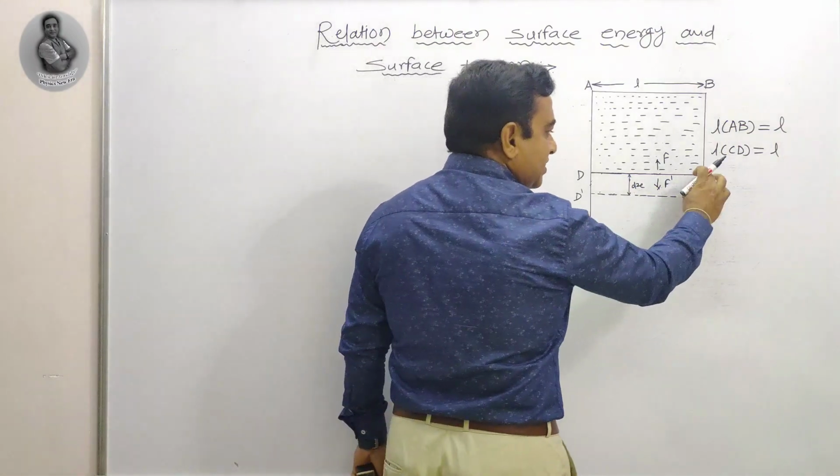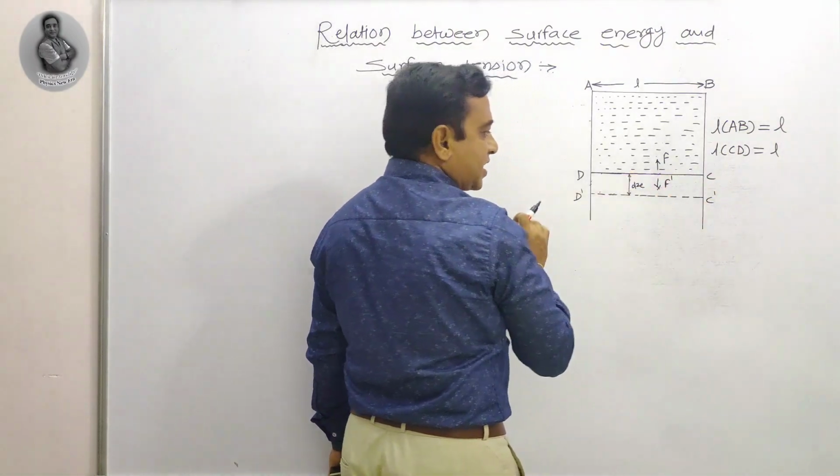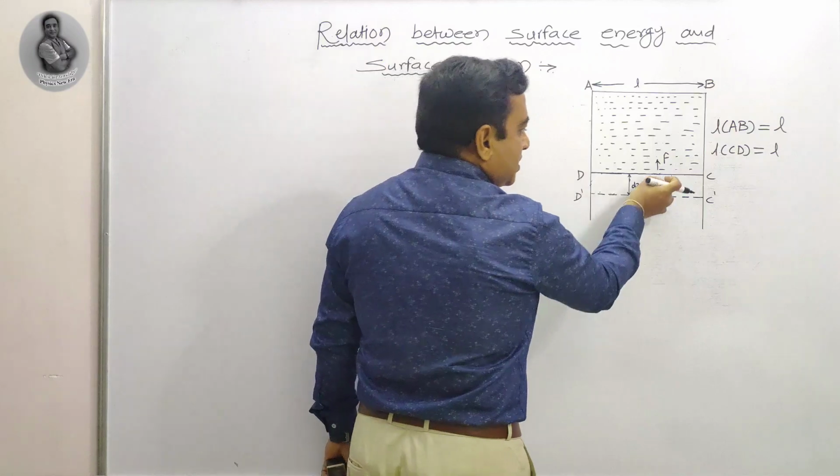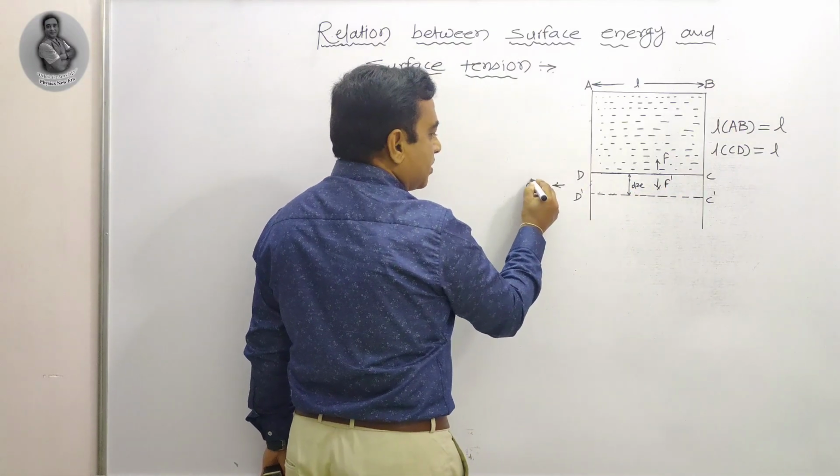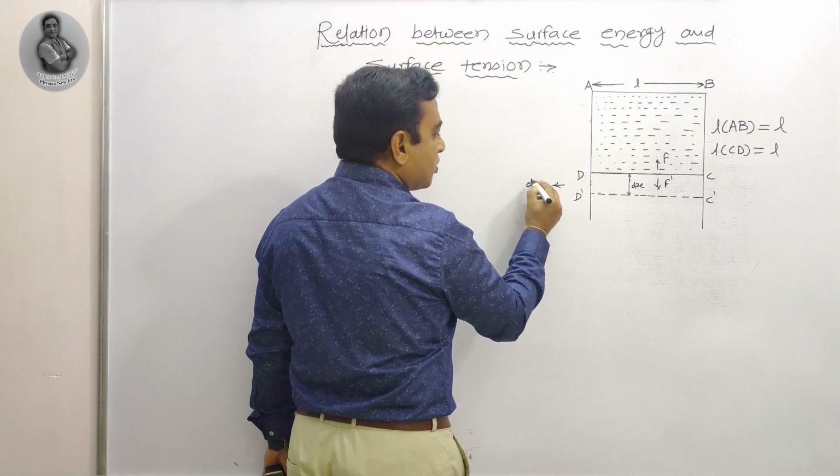So here a small displacement dx takes place, so some work has been done. That work we can term as dW, a small amount of work done.